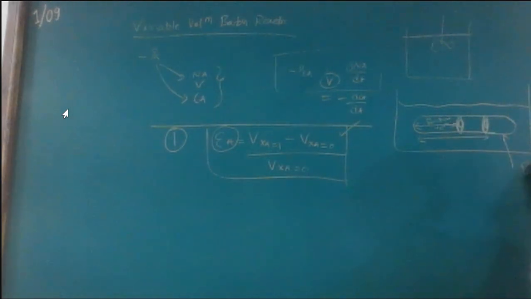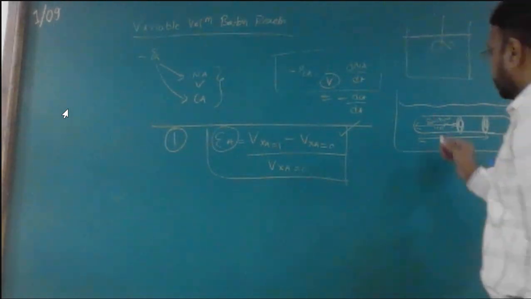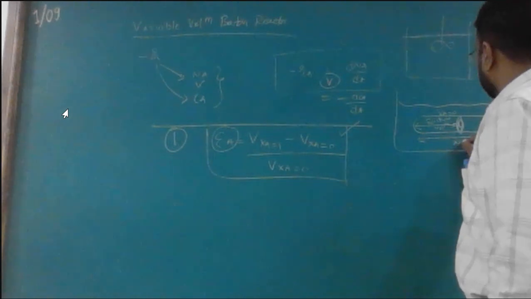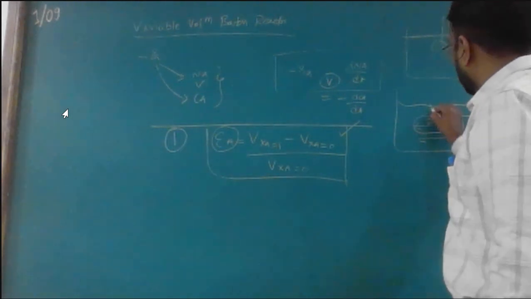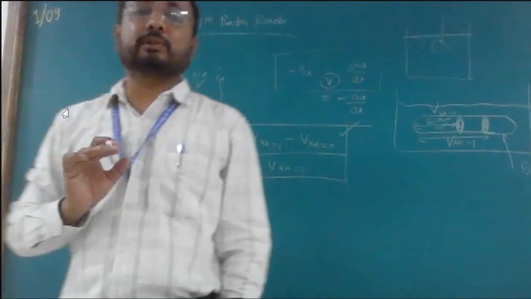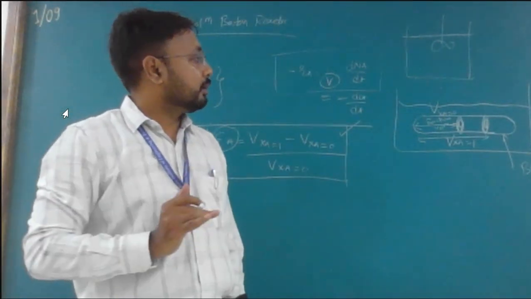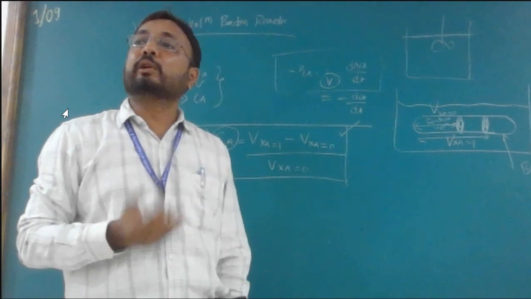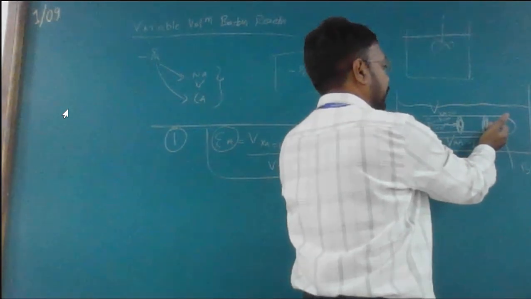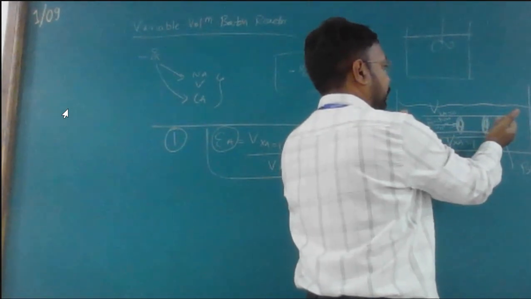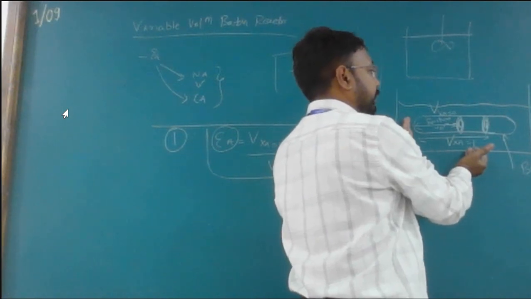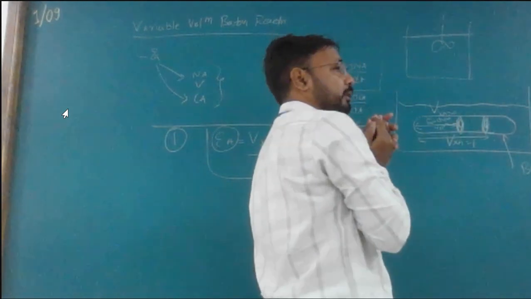Suppose this is X equals 0 and this is X equals 1. This is the volume initially, when conversion is not happening, and the volume at full conversion, calculated at the final stage when the reaction is completed.